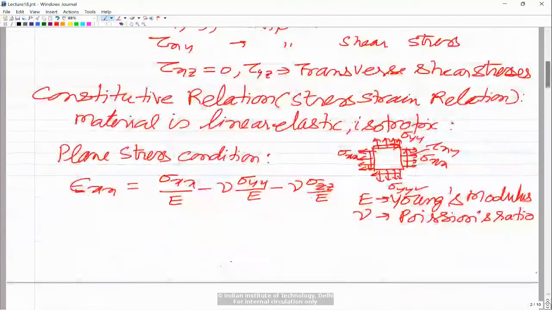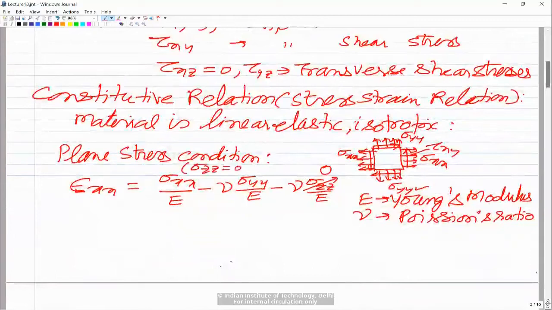For the plane stress case, of course, sigma zz is going to be 0. When I say plane stress case, essentially I am talking of sigma z equal to 0, so that term is going to be 0.